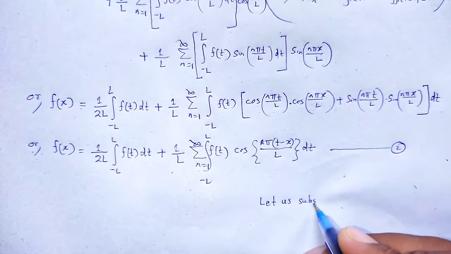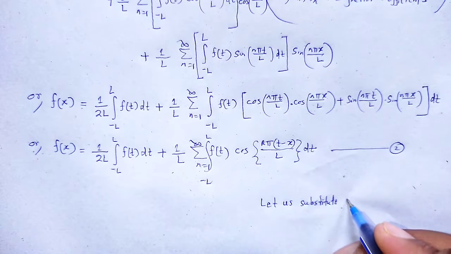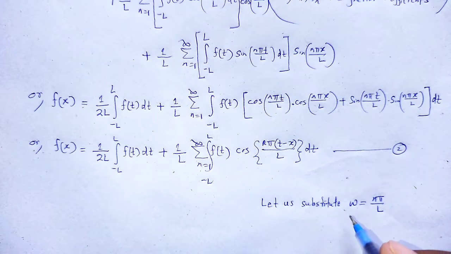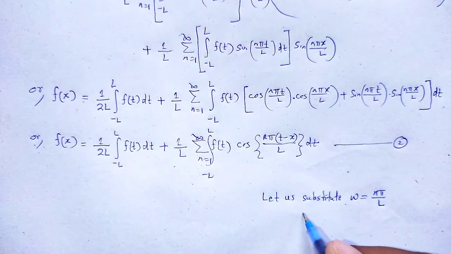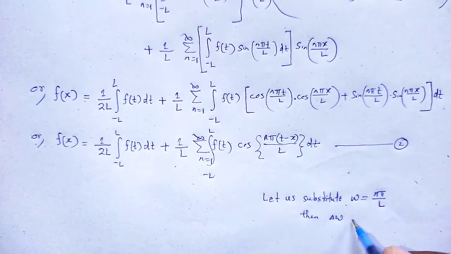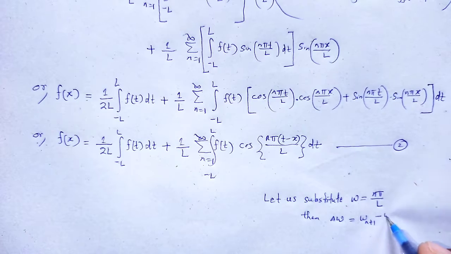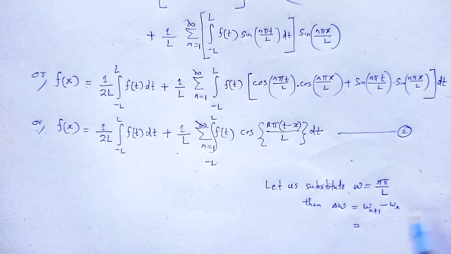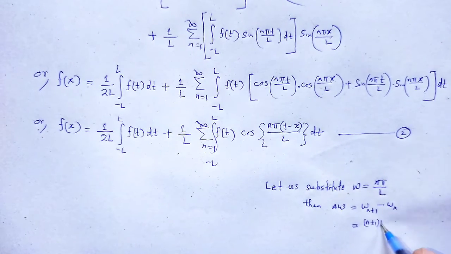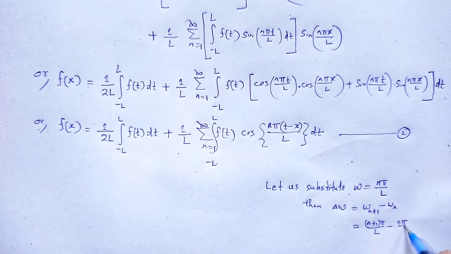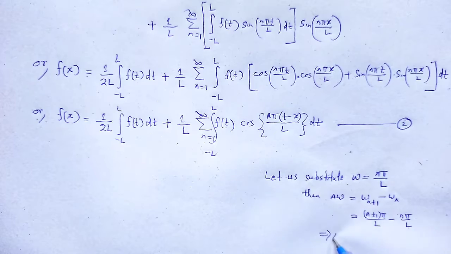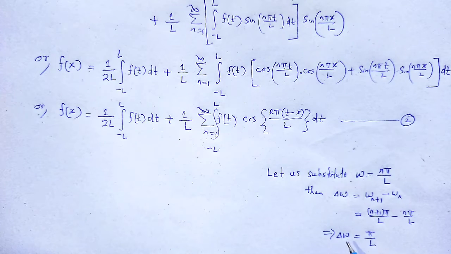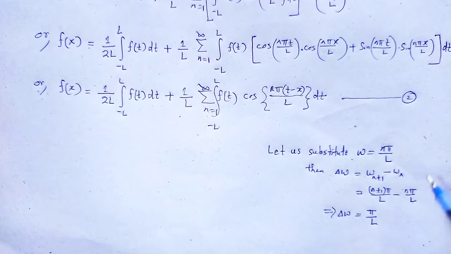Let us substitute omega is equal to n pi by L. Then delta omega, the change in omega from the nth term to the n plus 1 term, is n plus 1 pi divided by L minus n pi divided by L, which implies delta omega is equal to pi by L. These substitutions are to be put in expression 2.